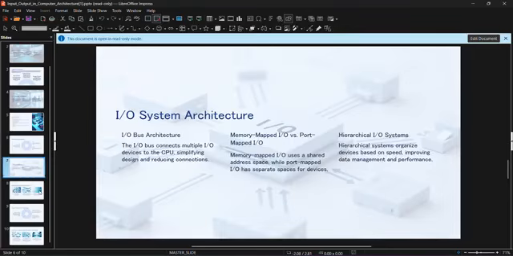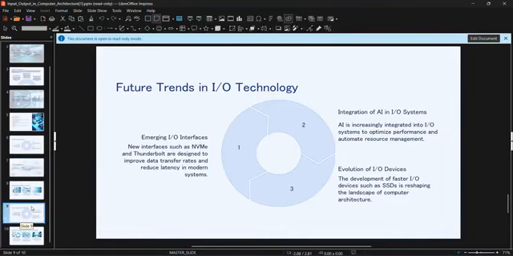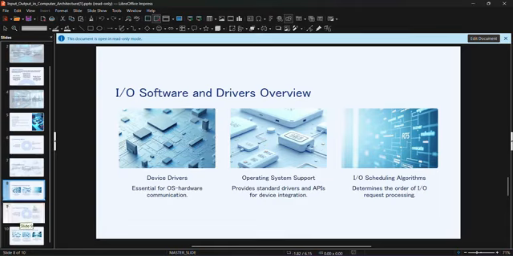Okay, now moving on to input output software and device drivers. For every system, there are device drivers embedded in the system that are supposed to communicate with input output devices. So these device drivers are essential for operating system hardware communication.